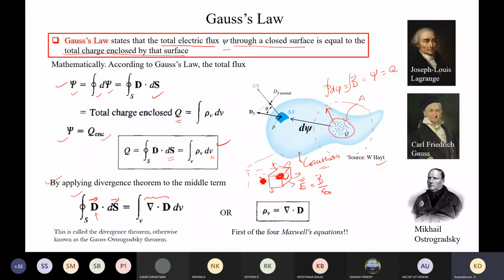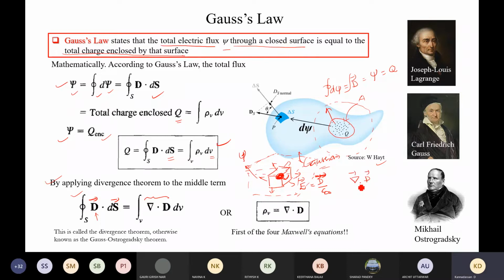The big cube which is drawn outside, which we call the Gaussian surface, and this integration, this total surface you can calculate easily, and you know this D vector, therefore you just take the divergence of this D vector.